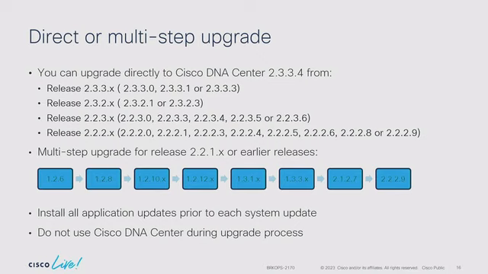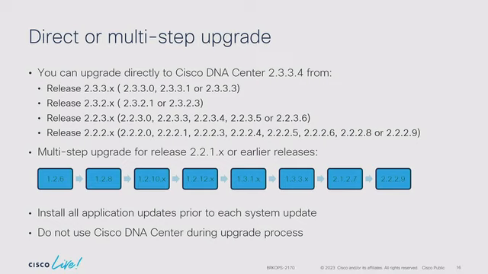Direct or multi-step upgrade. What do I mean? Upgrades are not always direct. Can I go from DNA Center, let's say 1.3, to the recommended release now? Any idea? 2.3.3.6. Can I go direct? Okay, I love the 2.3.3.6. Let me upgrade.